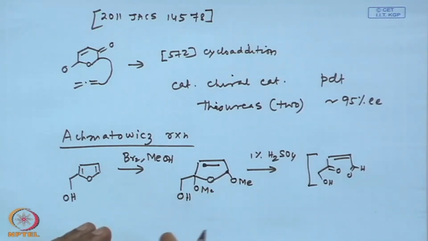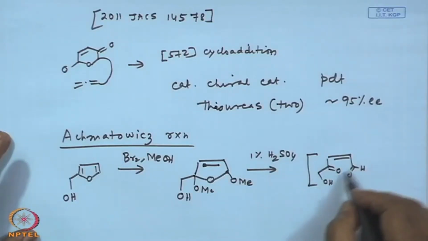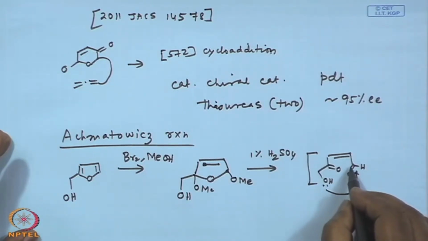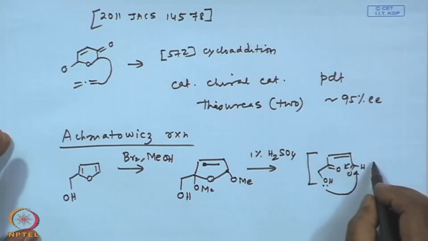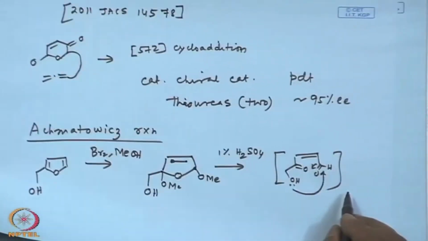When they hydrolyze, they form the corresponding ketones, but because of the stability it recyclizes. That means this alcohol cyclizes to this one, and eventually what you get is very easily these pyrone systems, that means the precursors of the pyrylium ions.